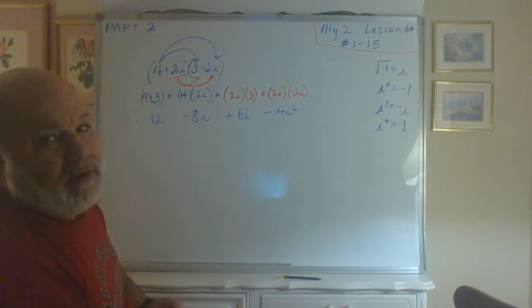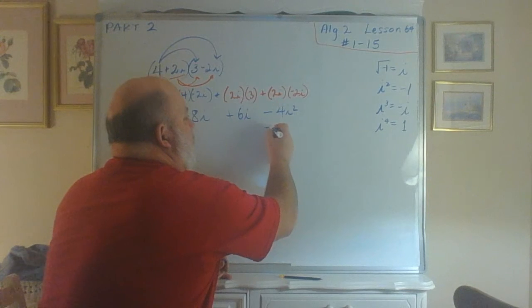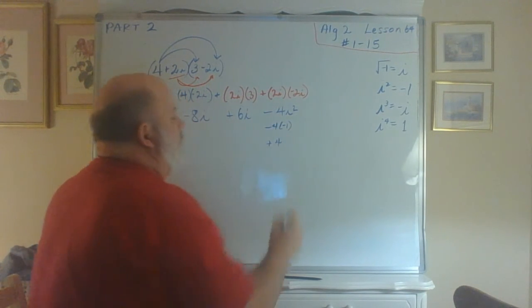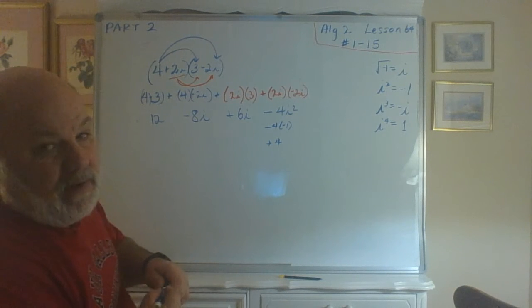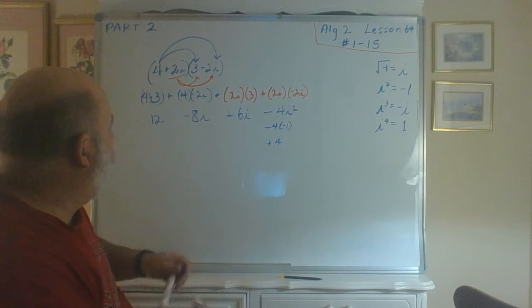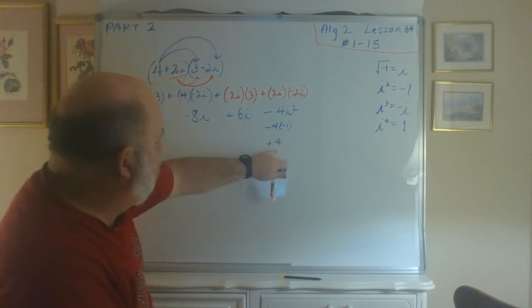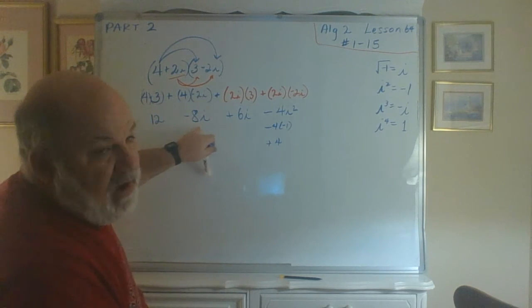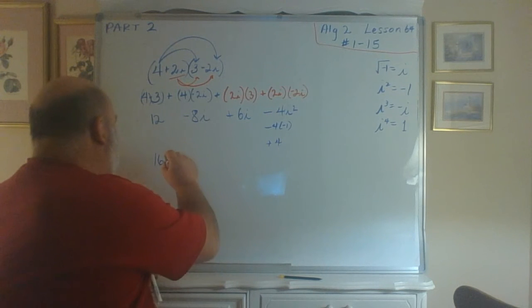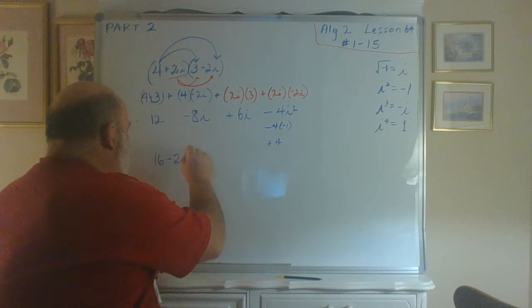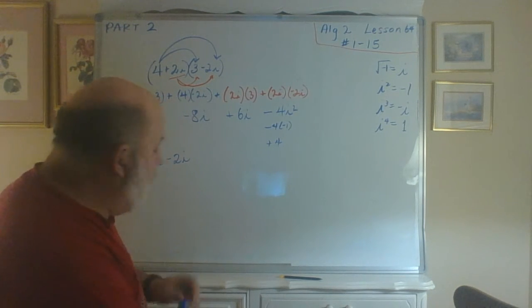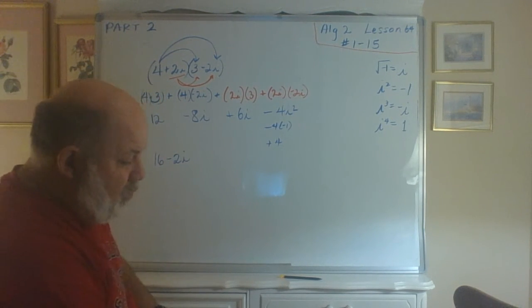That -4i squared is -4 times -1, so that's technically +4. The -4i squared becomes +4. So I have 12 plus 4, 16. -8i plus 6i is minus 2i. We have combined everything using the distributive property.